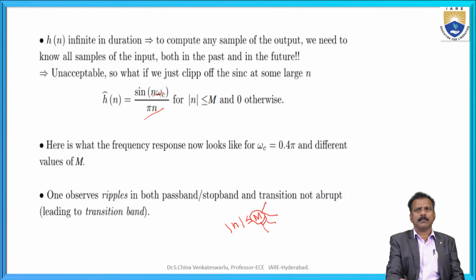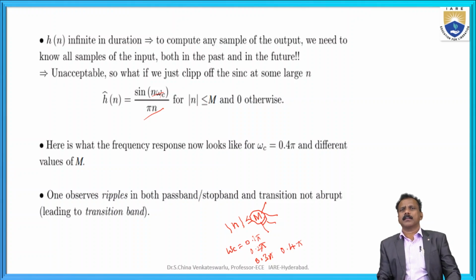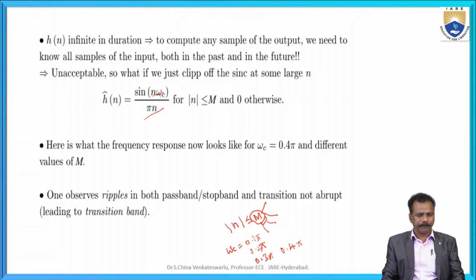We can initialize omega c to typically 0.1 pi, or 0.2 pi, or sometimes 0.3 pi. The frequency response will vary for these values, and 0.4 pi and different values of M.